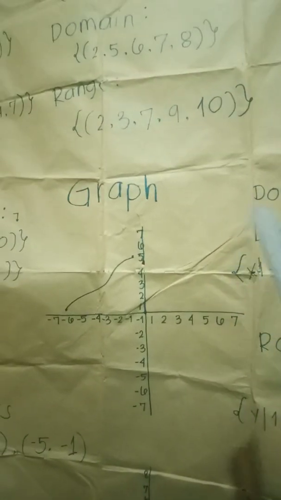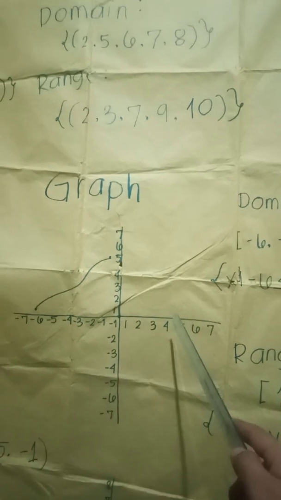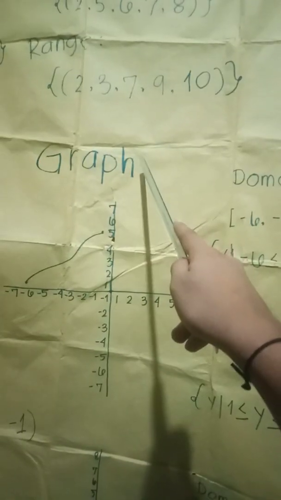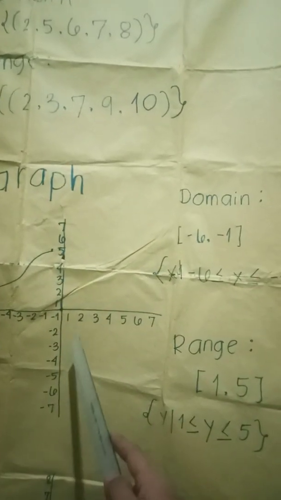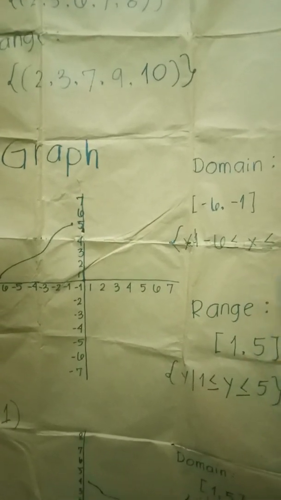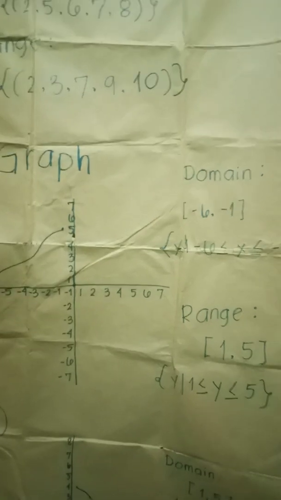First, the domain of the graph is horizontal, which is the value of x, while the range is the vertical line, which is the value of y. So now that we already know the x and y values and how to find our domain and range.